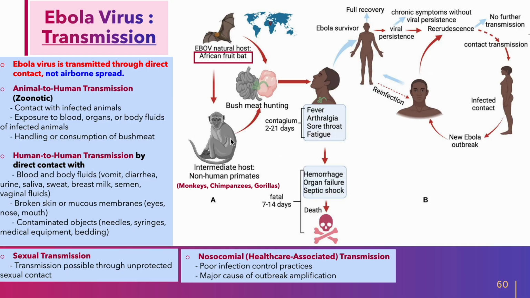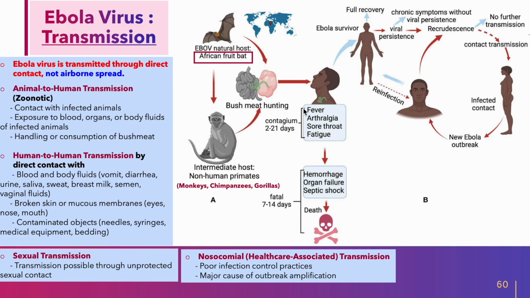So this one is the intermediate host. And then humans eat these bush meats, meaning the wildlife, like African fruit bats or even monkey, chimpanzee or gorillas. This happens in Africa, so people eat those kinds of animals.